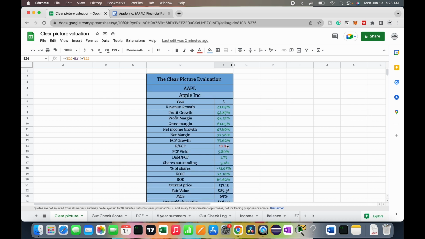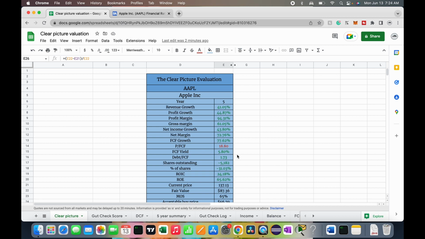But let's count it up. I like using green and red because it helps me figure out what I consider the gut check score. It is a metric I came up with, and I'm still a work in progress on how accurate this is. Simply, a gut check score is how good your stock is out of 13.